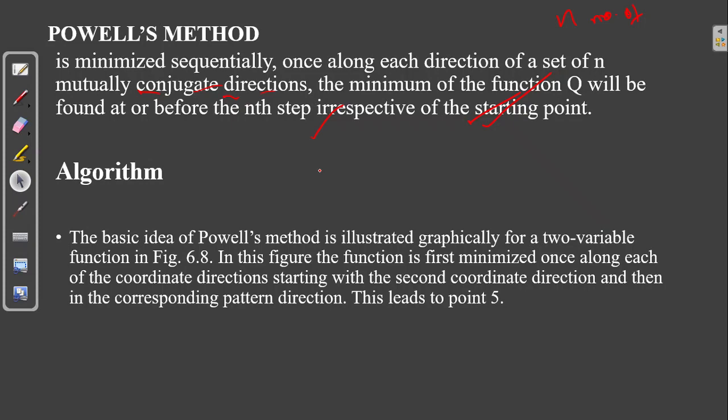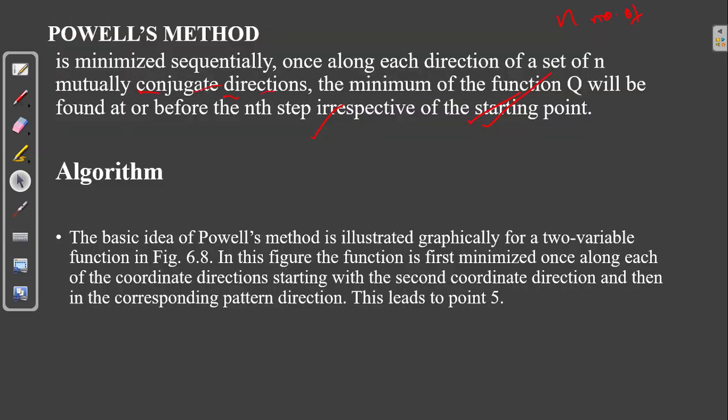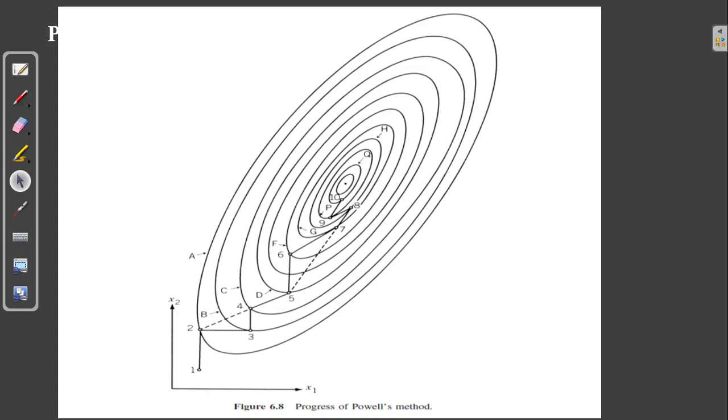Now we will explain the algorithm of Powell's method. The basic idea of Powell's method is illustrated graphically for a two-variable function in figure 6.8. These curves are not circles, they are elliptical in shape or something like that.